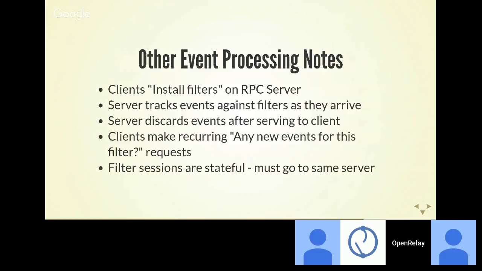The server discards those events after serving them to a client. So clients will sit there making a recurring request of, are there any new events for this filter? Are there any new events for this filter? And if there are, the server will return them and then wipe them out of its own memory. And if there aren't any events matching those filters, then it will just return an empty result saying, nope, no results for that filter.